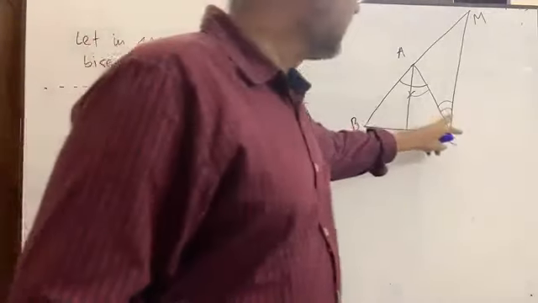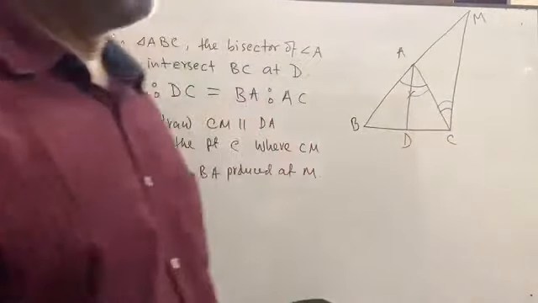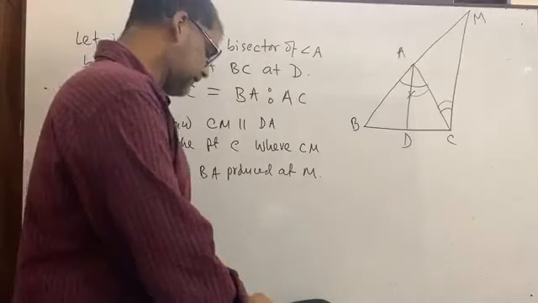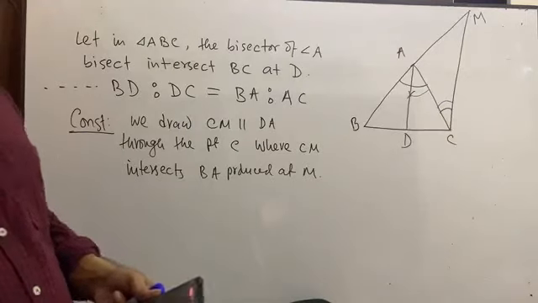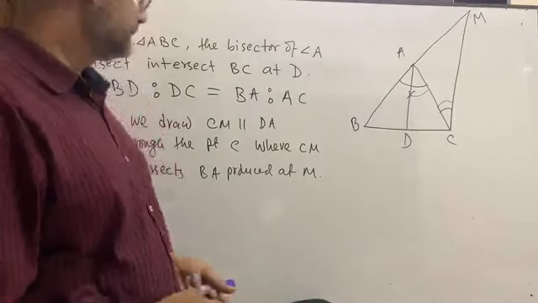This angle and this angle will be equal to make two alternate angles. And we know alternate angles are equal, right? Okay. Just copy it.